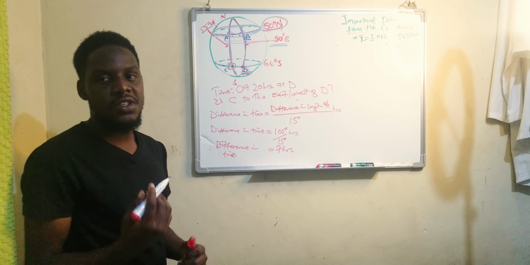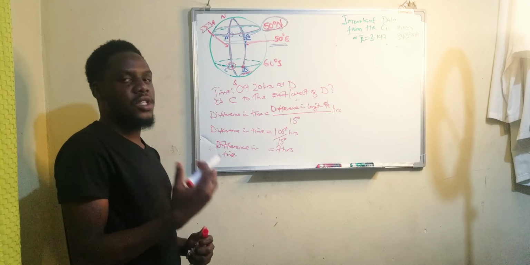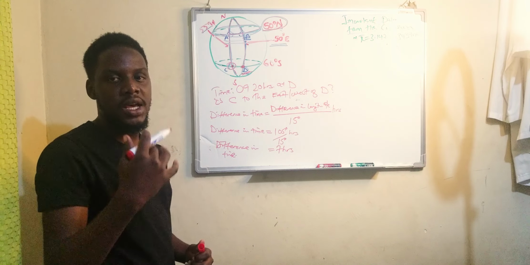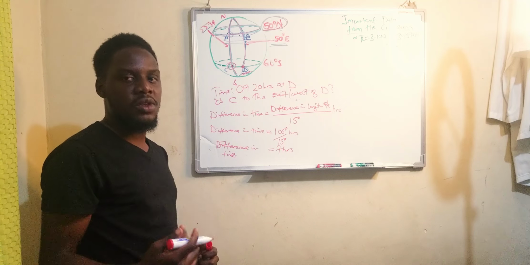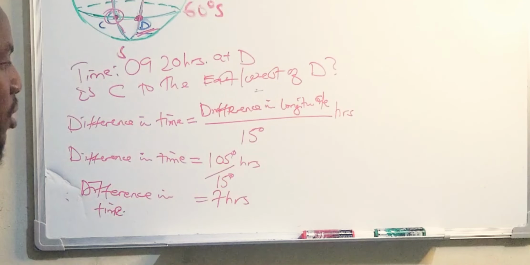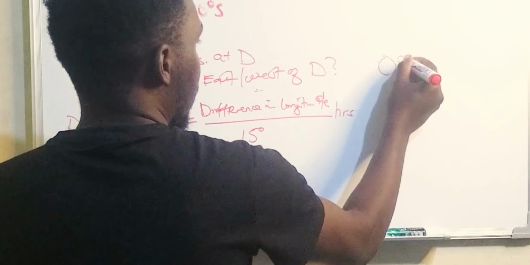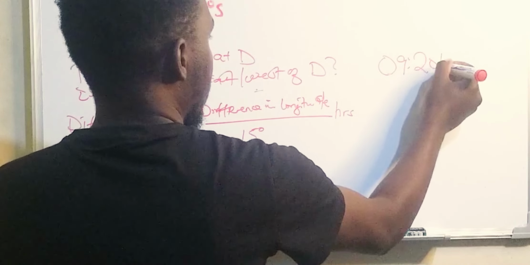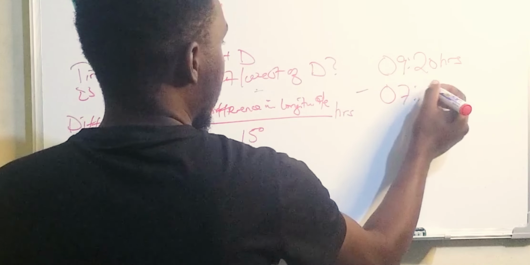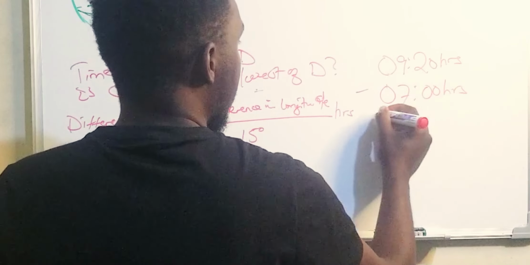And in the previous video, I said that you subtract the time difference from the time given if that particular point lies to the west. And if that particular point lies to the east, you add. But in this case, C lies to the west. So we say 0920 hours minus 07 hours.